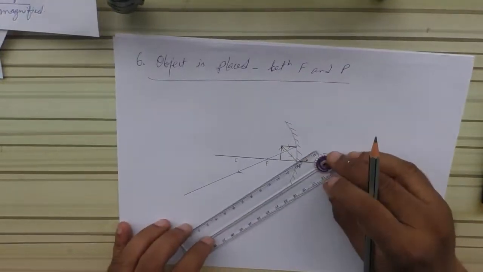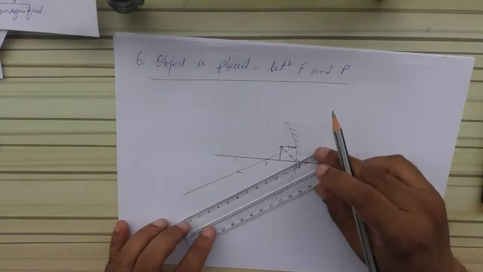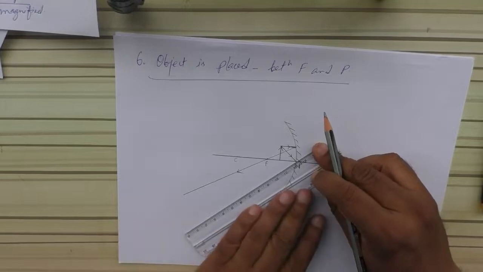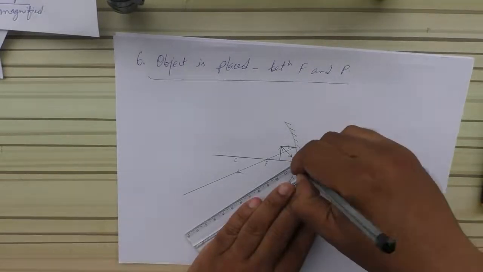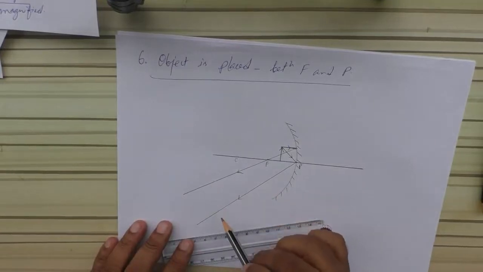This time we'll consider a ray of light incident at pole. If a ray of light is incident at pole, we know that the angle of incidence and angle of reflection are equal. So you will see that after reflection, the two reflected light rays appear divergent in nature.